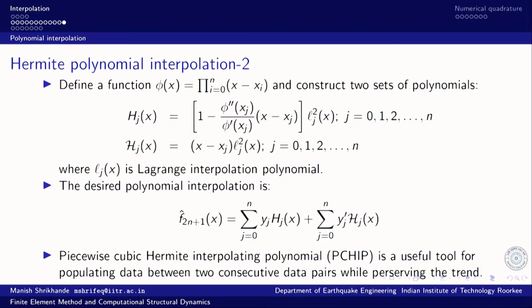The piecewise cubic Hermite interpolating polynomial is a useful tool for populating data between two consecutive data points while preserving the trend. That is another interesting property of piecewise cubic Hermite interpolation. As I said, between two data points, between two nodes, we can have a cubic polynomial.